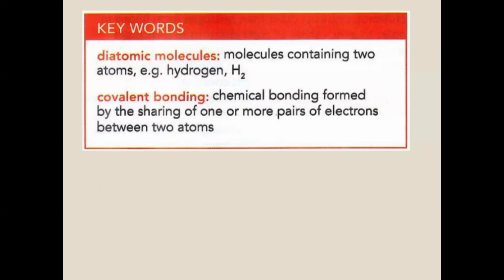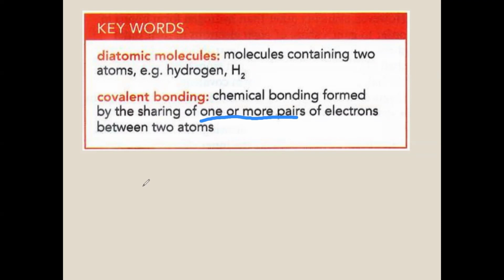Okay. Covalent bonding is a chemical bonding formed by the sharing, the idea of sharing, of one or more pairs of electrons between the two atoms. Take care here that it can be one or more pairs of electrons between the two atoms.